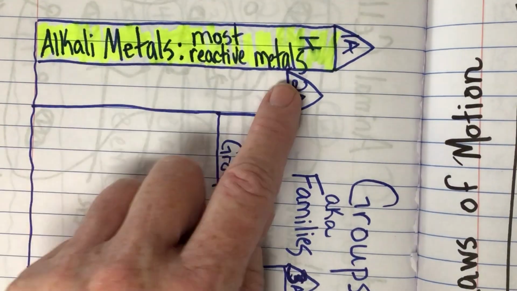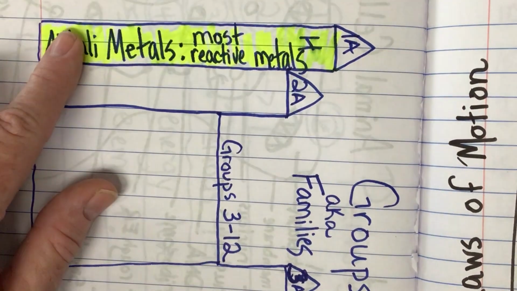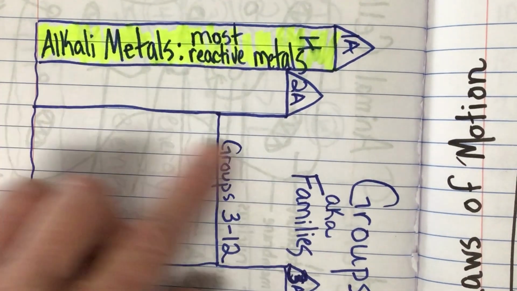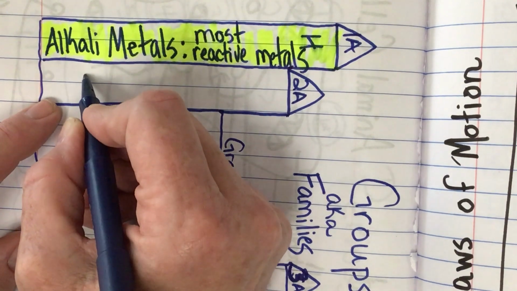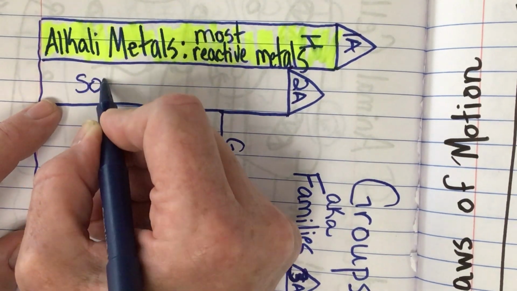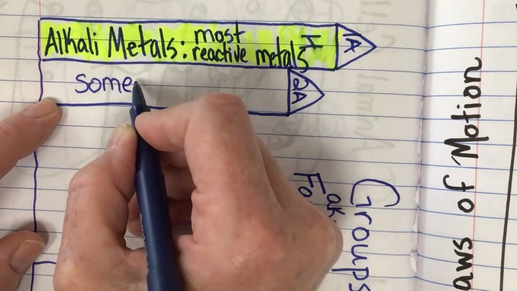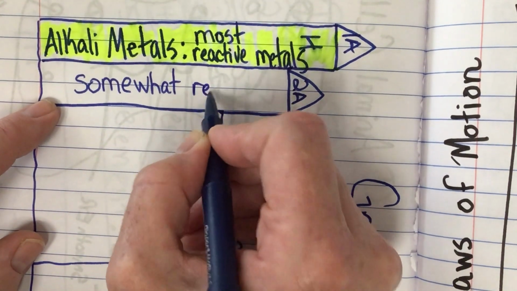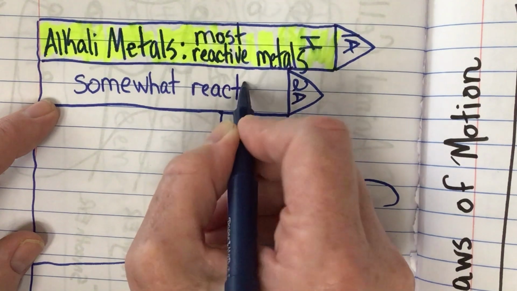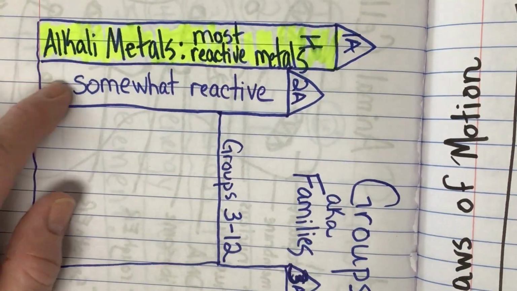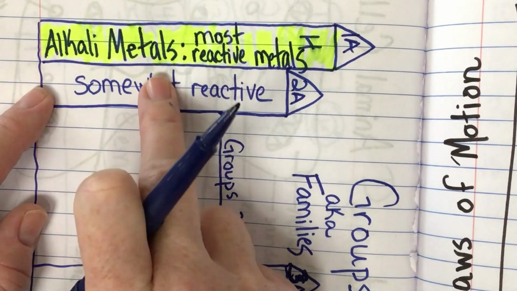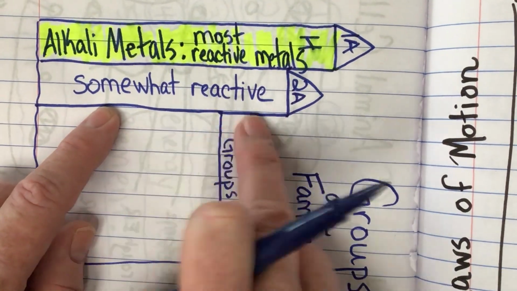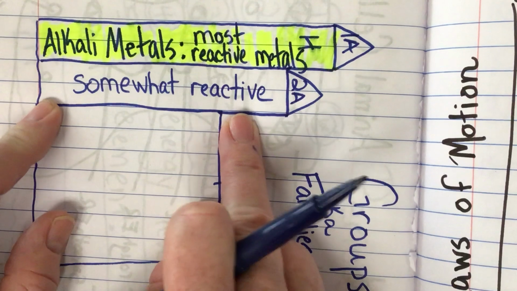So these alkali metals have a special name. This group right here also has a special name. You don't really need to know it, but we're going to write in here that this group is somewhat reactive, and we'll come back to talk about that in a minute. So we have the alkali metals, which are the most reactive metals, and group 2, which is somewhat reactive.